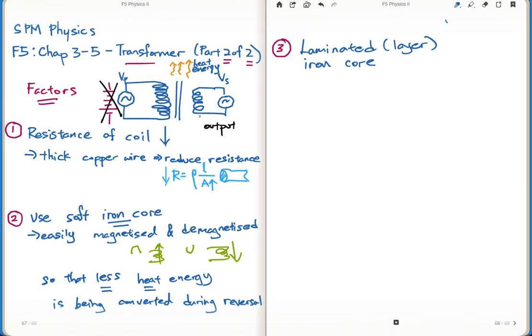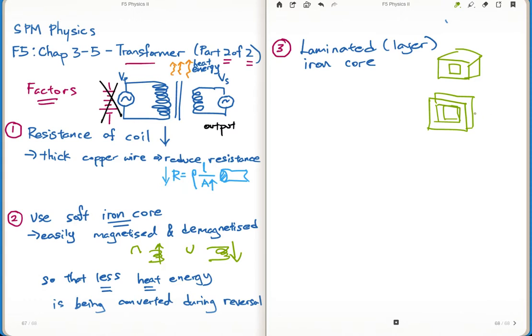Instead of a solid block of metal, all you need to do is replace it with thin sheets of it, and you compound them.